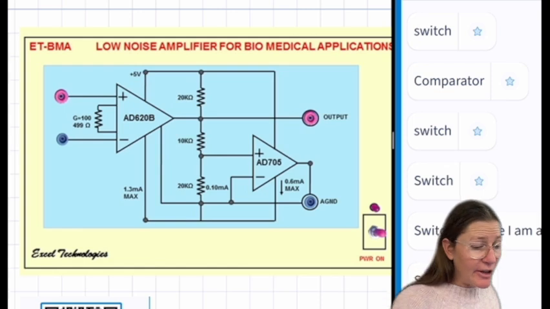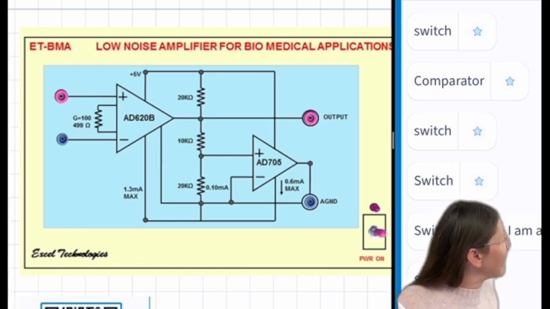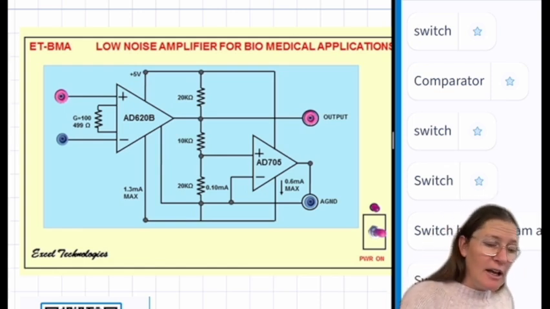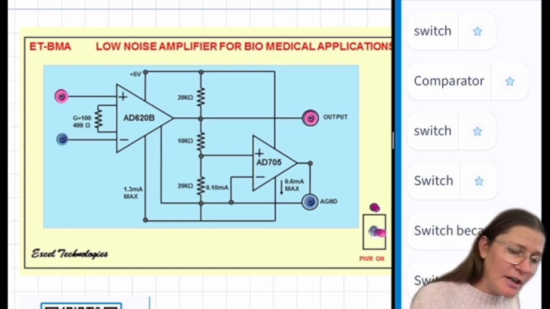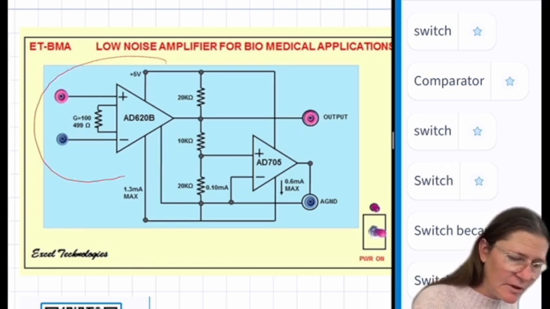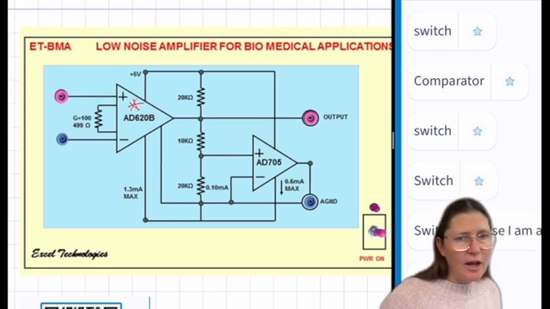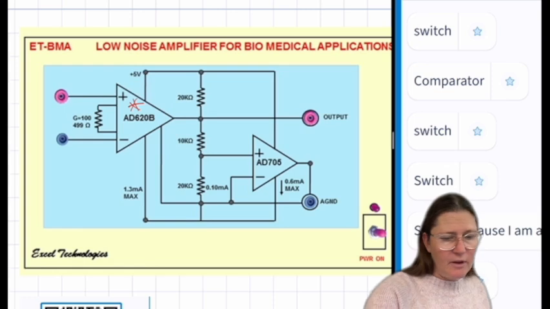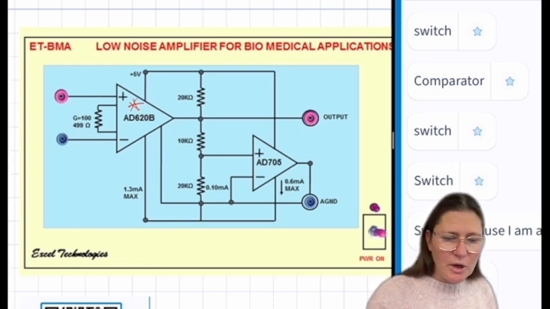Okay, here is a low noise amplifier for biomedical applications. So identifying what is this one? Or maybe I'll just put a star by it. This amplifier here, what configuration?